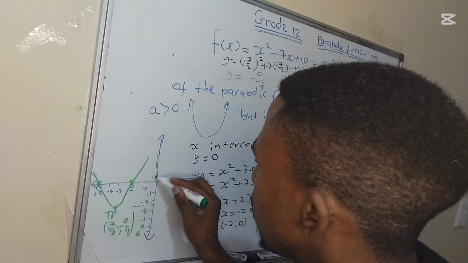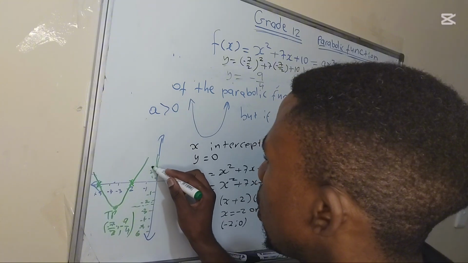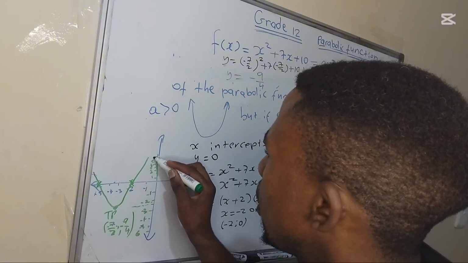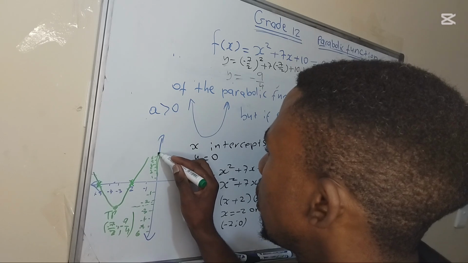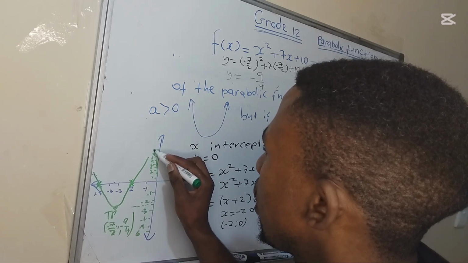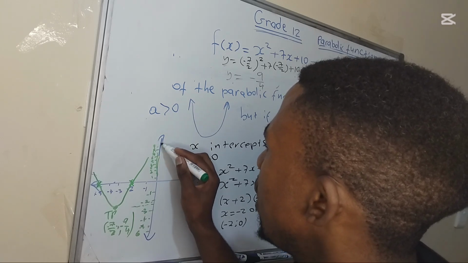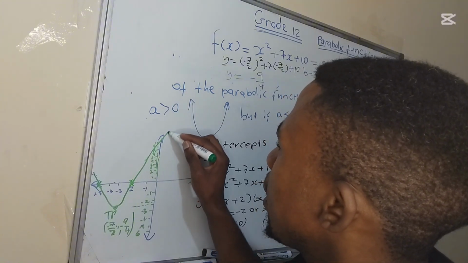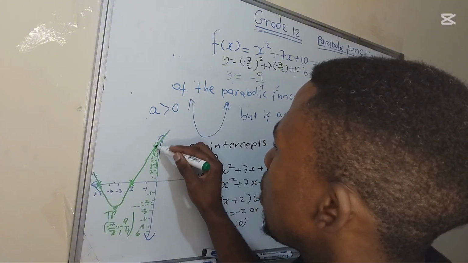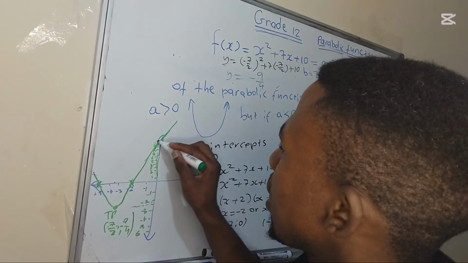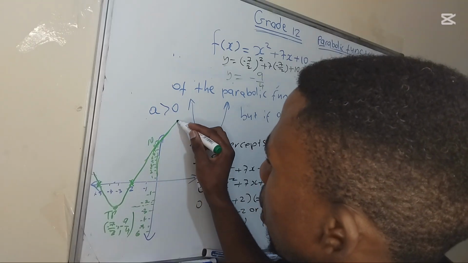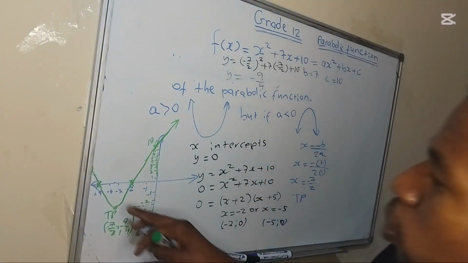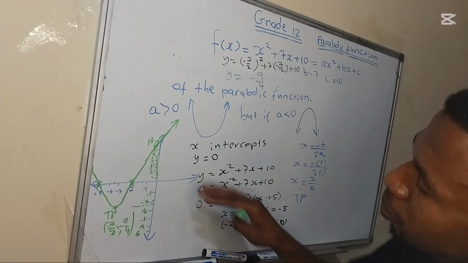We have 1, 2, 3, 4, 5, 6, 7, 8, 9, 10. So this graph intersects with the y-axis at 10. So this will be the shape of our graph.